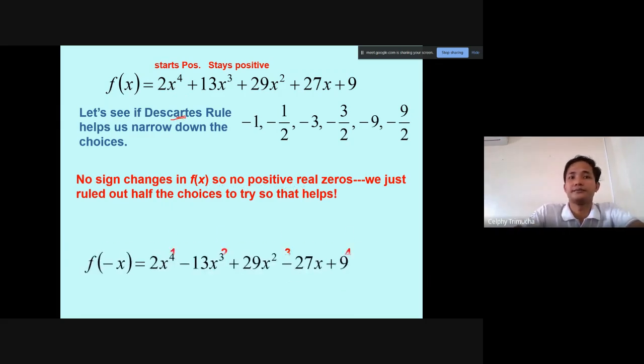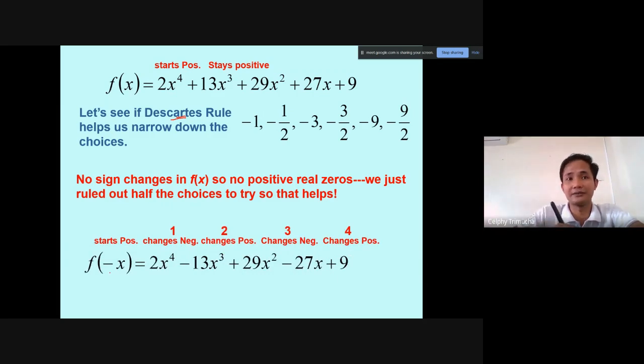Next. Let's identify the negative roots by following Descartes' rule. We have 2x to the fourth minus 13x cubed, and substituting negative x, plus 29x squared minus 27x plus 9. We see a first change, second change, third change, fourth change. The change we look for is in the sign: positive to negative, negative to positive, positive to negative, negative to positive.